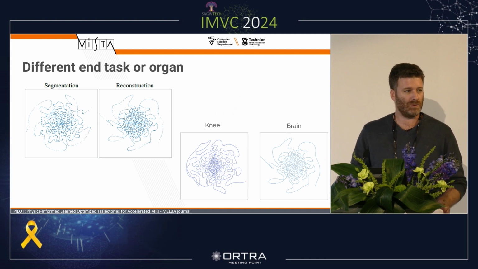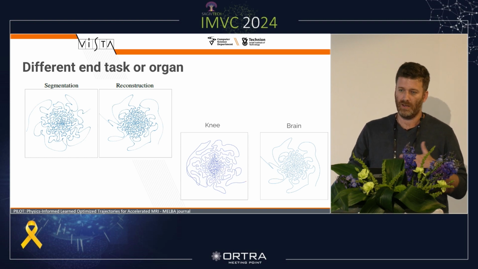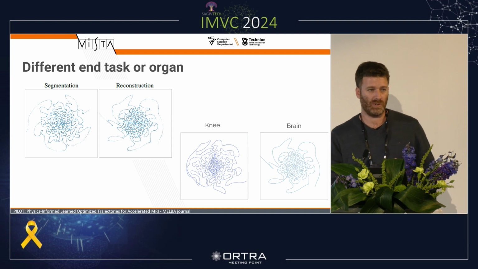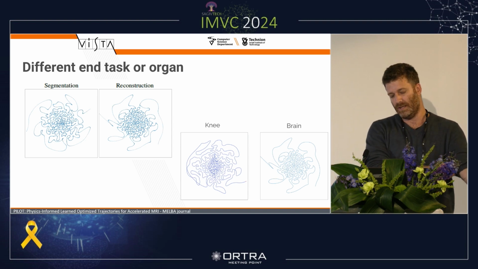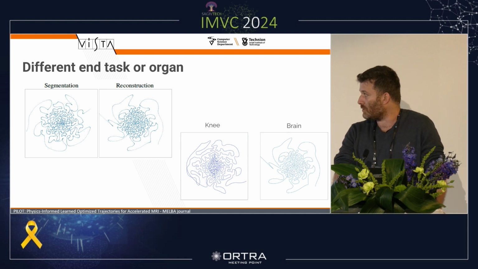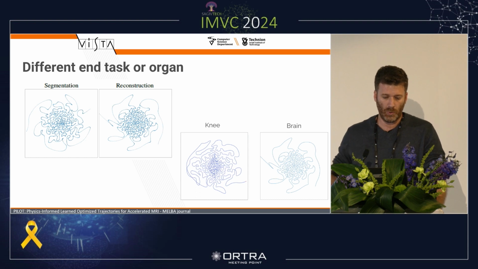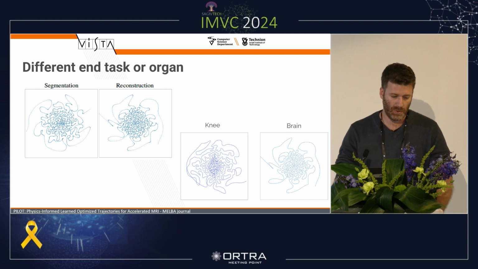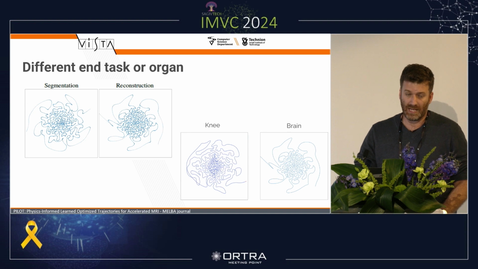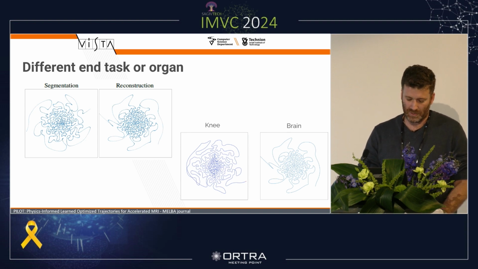For example, if we optimize acquisition parameters for segmentation or for reconstruction, we will get different trajectories, because we need different data points to perform best in each one of these tasks. And also for different organs. For knee and brain, you can see the trajectories are very different. This allows us to tailor our acquisition specifically for the task of interest.